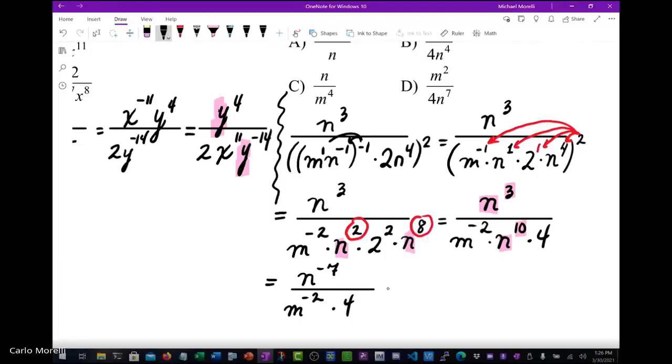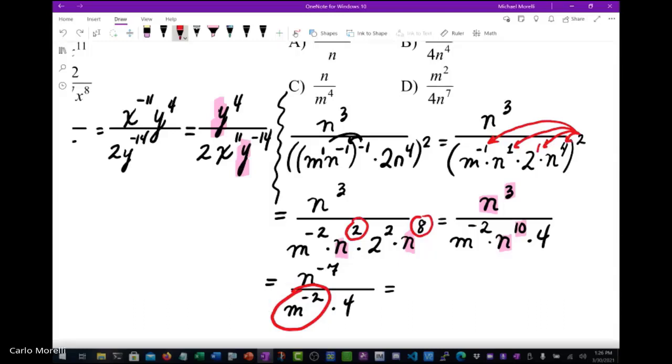Now you're really close to being done. You see these two negative exponents? You're going to move this n to the -7th, put it in the denominator and change the sign to be positive. And then you're going to do the same thing here. You're going to take this m to the -2nd and move it to the numerator and change it to be positive, okay?